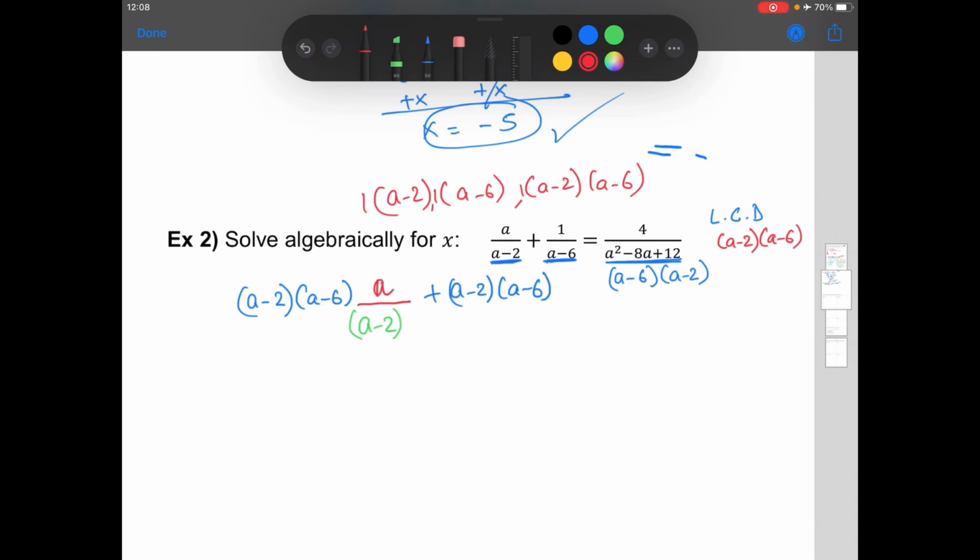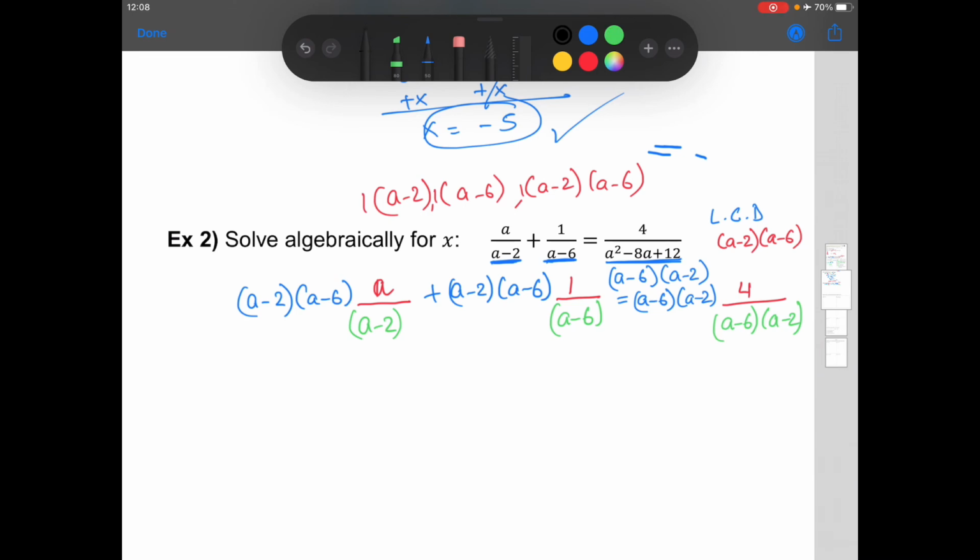This was A. This would be 1 over A minus 6. And then it equals A minus 6 times A minus 2. And then it's 4 over, and when we factored it, I'm going to write the factored form, A minus 2.